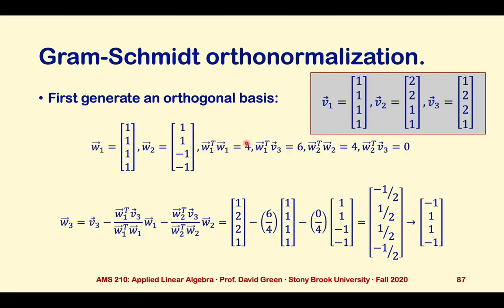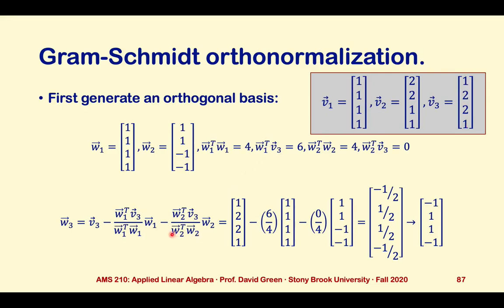Our next step is to generate the third. The third is found by taking our third vector, v3, and subtracting off the projection of v3 onto both w1 and w2. This is again going to involve ratios of dot products. We've already computed the dot product of w1 with itself, it's 4. We also compute the dot product of w1 with v3, which is 1 plus 2 plus 2 plus 1, again 6.